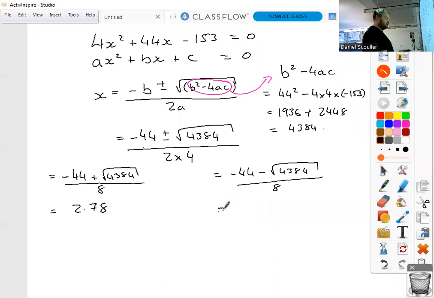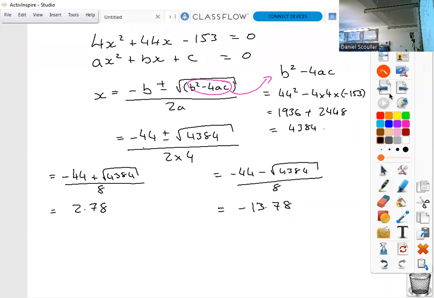Okay, and do that. Minus 44 minus root 4384 divided by 8. And we have a negative number, 4.78. Okay. The last part of this, you need to specify which one is the correct answer.